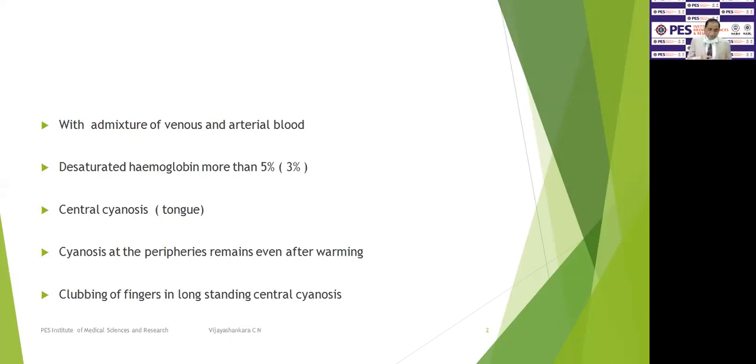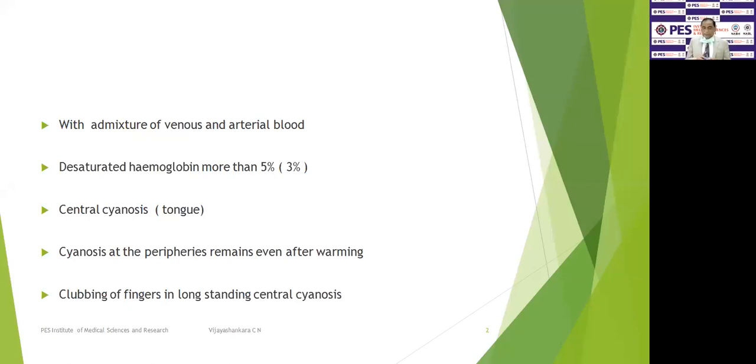So if polycythemia is present, then it is more of central cyanosis, but not peripheral cyanosis. The peripheral cyanosis disappears when you warm the area, whereas in central cyanosis, even after warming, the cyanosis persists.